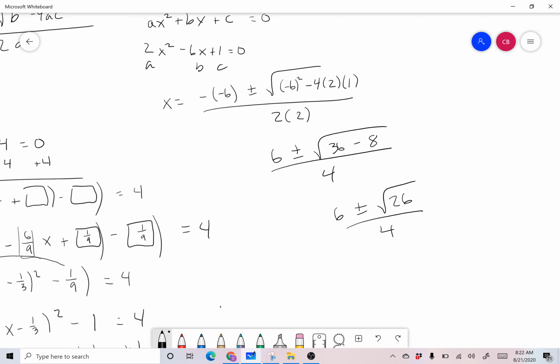We can't break it down any smaller, so this is just going to simply be x is equal to 6 over 4 plus or minus the square root of 26 over 4, which is x is equal to 3 over 2 plus or minus the square root of 26 over 4, which is two different numbers, one if you add, one if you subtract.